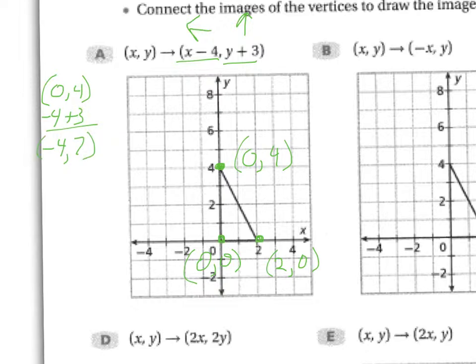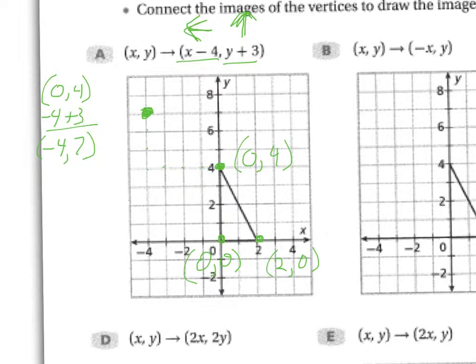Negative 4, 7 is right here. Now if I had done it this way, where I counted 4 units to the left, 3 units up, I would still get to that same spot.